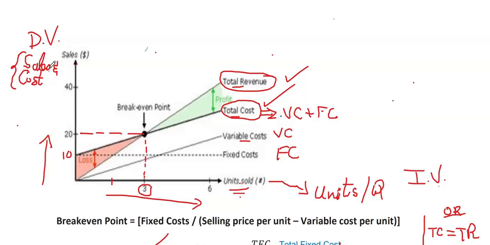You'd have revenue and cost on the y, and then you could have cargo handled on the x. At what number of cargoes handled would total revenue be equal to total cost?